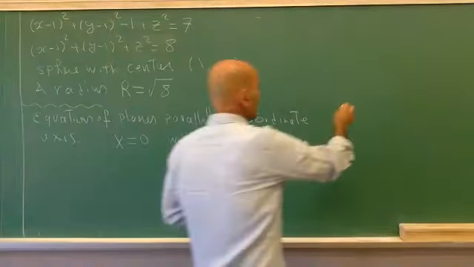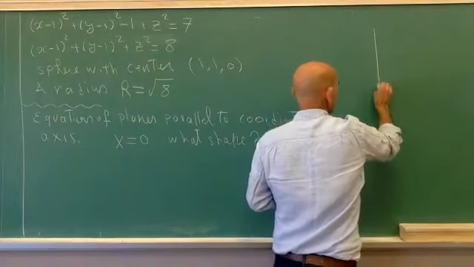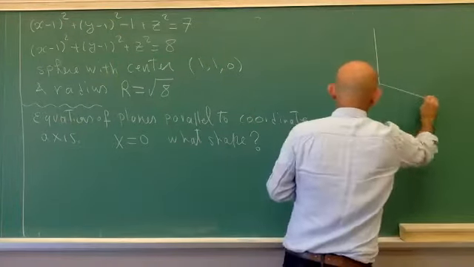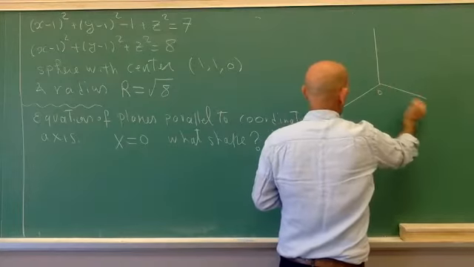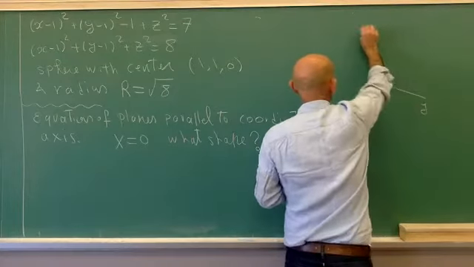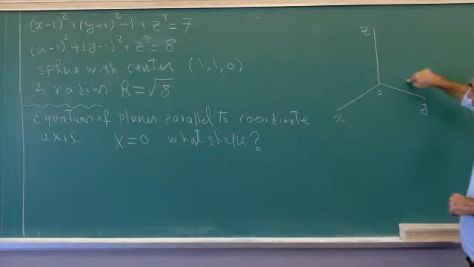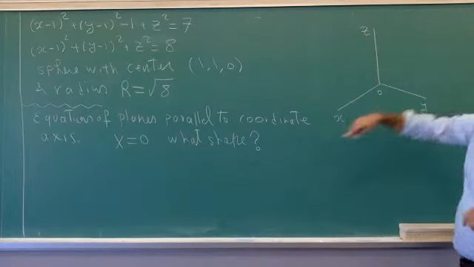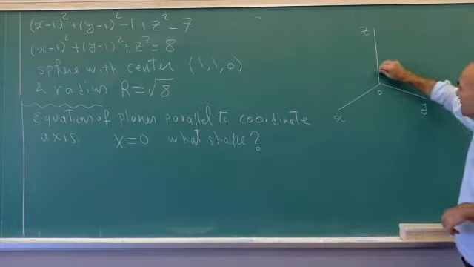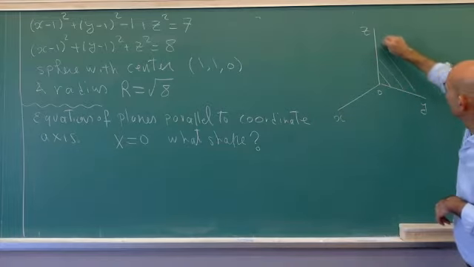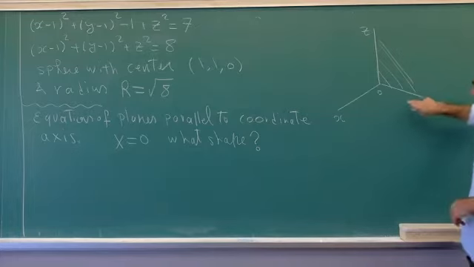So let's look at the coordinate axes. This is x, o, y, z. So x is 0, but y and z can be anything. So it means that this thing is just this plane, right? Of course, I have drawn just a quarter of the plane.